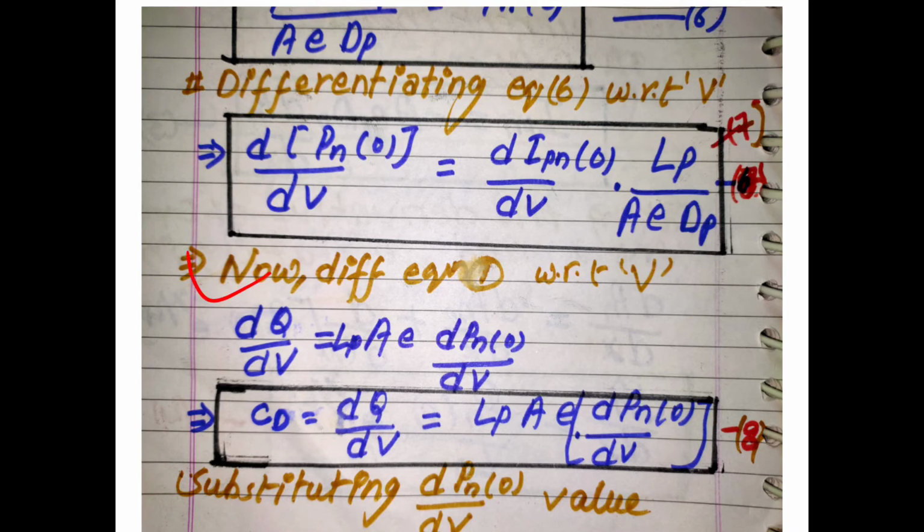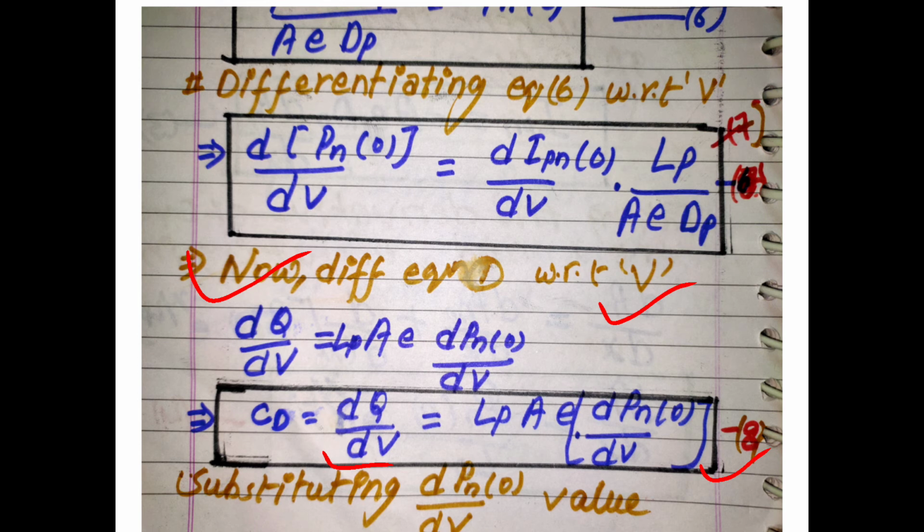Now we will differentiate equation number 1 with respect to v. So we get equation number 8, which is CD is equal to dq upon dv. As we know, CD is the change in charge with respect to voltage. So CD is equal to Lp into A into E into dpn of 0 upon dv.